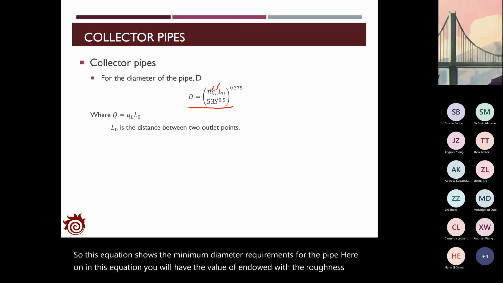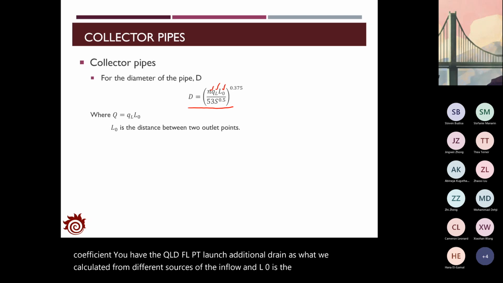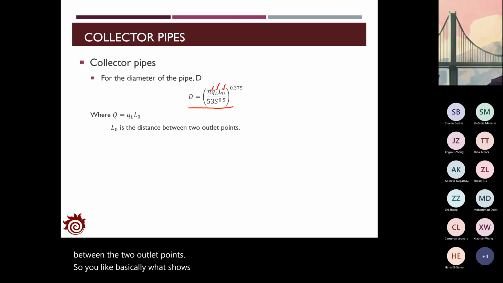You have Q_L, the longitudinal drain, as we calculated from different sources of the inflow. And L0 is the distance between the two outlet points, so it basically shows the length of the pipes between two outlet points. And with that, you can calculate the minimum diameters.